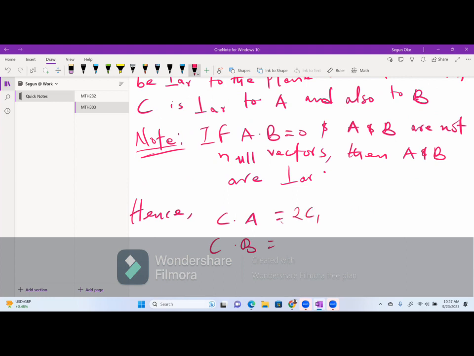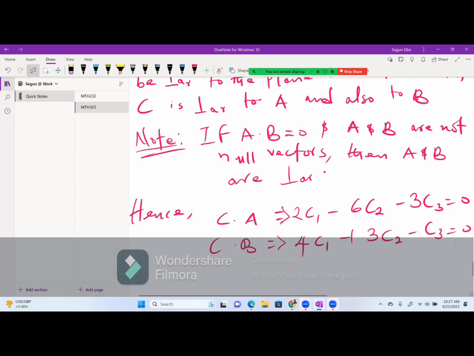Do you agree with me? Minus 6C2 minus 3C3 equals 0, because A dot B is equal to 0. Then we have 4C1 plus 3C2 minus C3 equals 0.